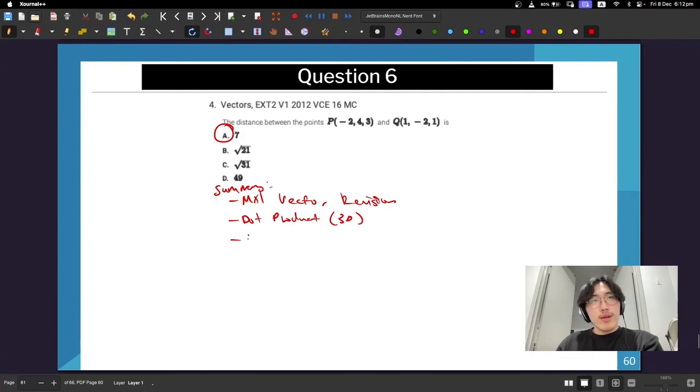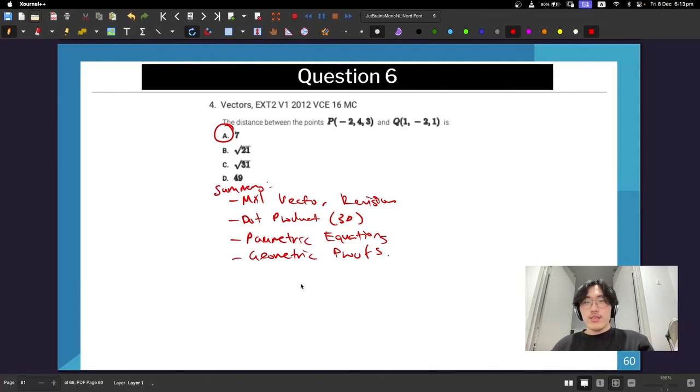We learned about parametric equations. And we learned about geometric proofs.